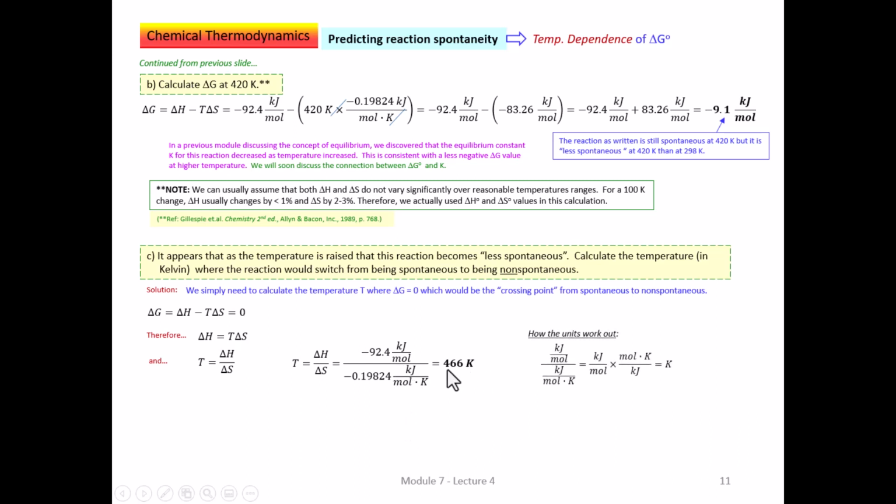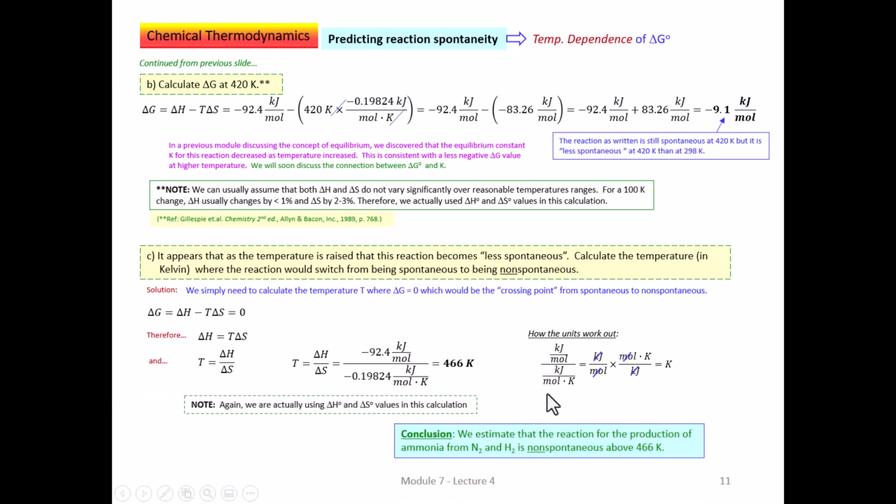We get 466 Kelvin. If you want to see how the units work out here, you'd have kilojoules per mole over kilojoules per mole per K, which is equal to kilojoules per mole times moles times K over kilojoules. And of course, kilojoules and moles cancel out, and you're left with units of K.